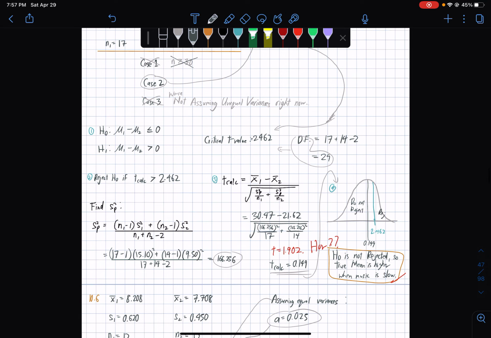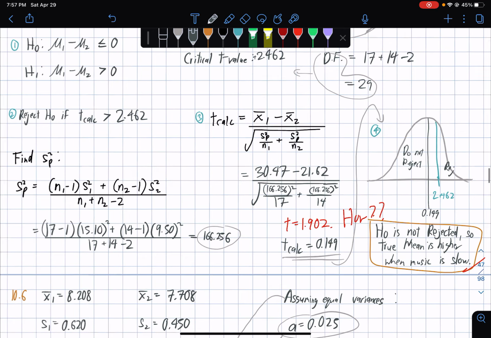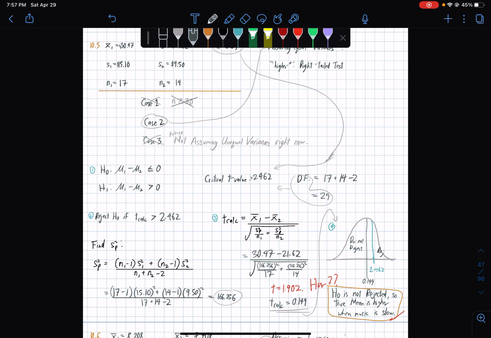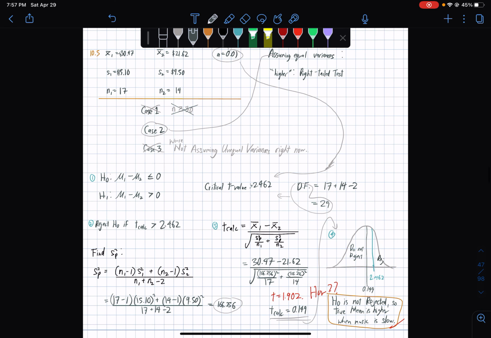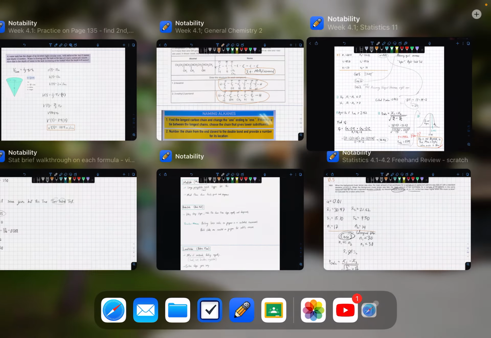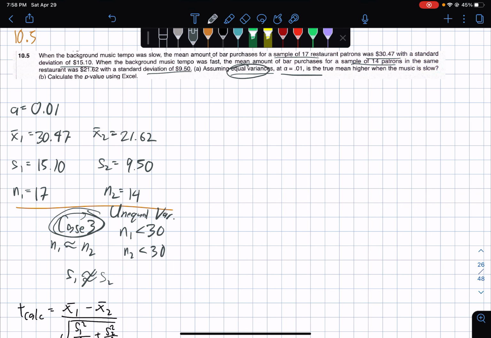But then the ruling is that H0 is not rejected. I wonder. Let's see if we could get 1.902 because that's the right answer using case 3. That doesn't make sense in this regard, but then yeah. Kindly bear with me.